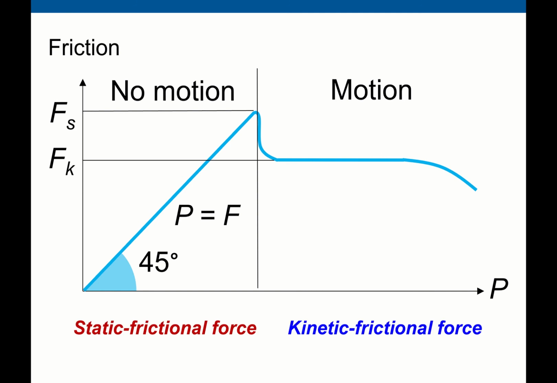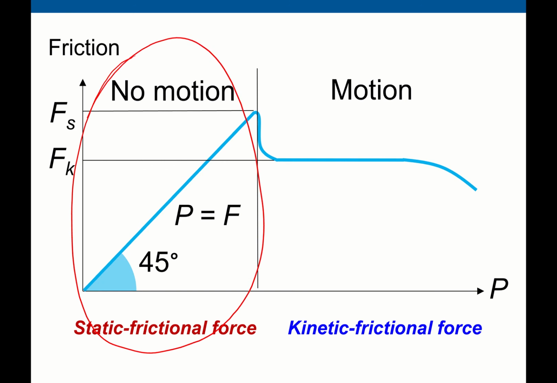We call the red part, this part, no motion, and we have a maximum frictional force, and this K indicates kinetic. That means the object is moving.